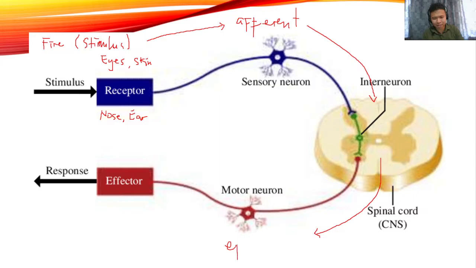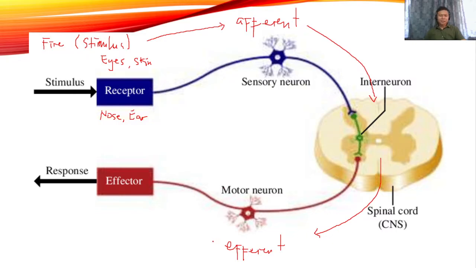So we have the efferent neurons. What will be its effect? Either you will run, you will put water on the burning objects, or you will save the important documents. Okay, it's up to you.